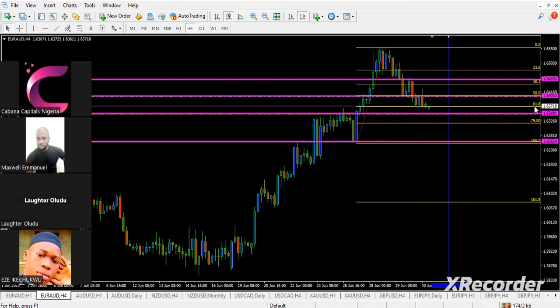At 61.8, we don't have a key support level. So there's a possibility for it to get to 79.0. If this support does not hold, it might get to 79.0. That's my take. I'm still bullish on Euro Aussie.